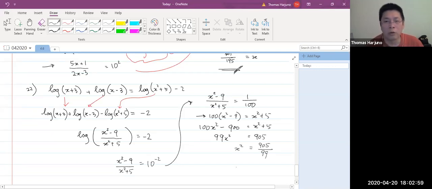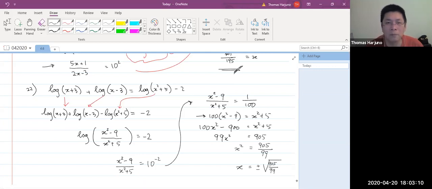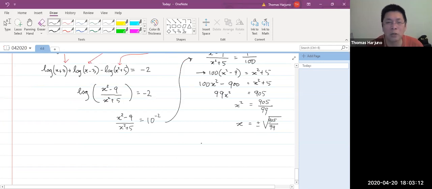And then when I do the square root, I get plus minus square root of 905 over 99. We need to split them. So x equals square root of 905 over 99. That's x1. Our x2 will be negative square root of 905 over 99.